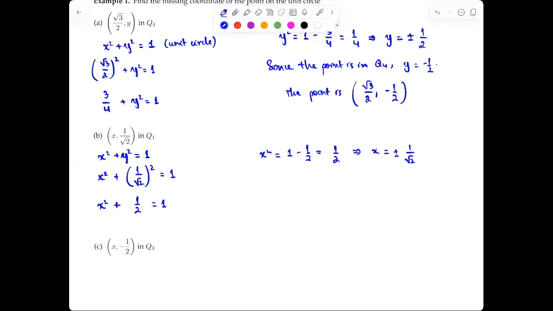So what value should I choose here? Do you know where the 1 over root 2 is coming from? So you have x squared equal to 1/2. You okay with this step? Now you take the square root on both sides. You should have plus and minus square root of 1 over 2.